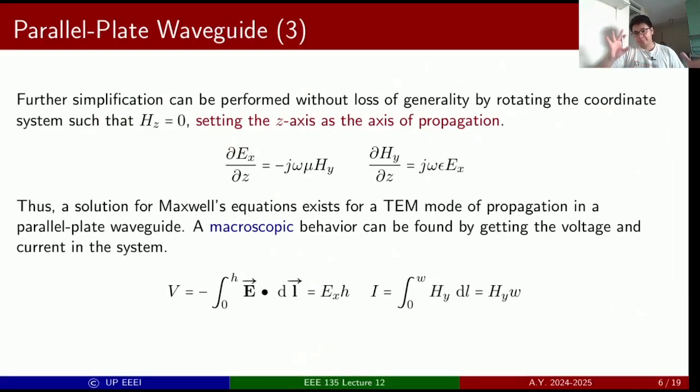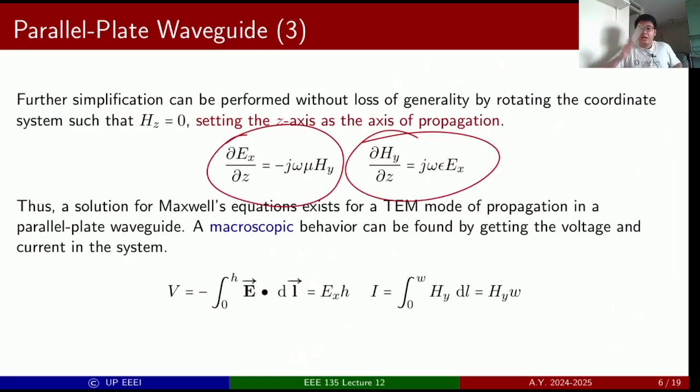Then our Maxwell's equations will simplify into these two simple equations right here. A derivative of your electric field, your x component, a change of it along the z-axis will induce a magnetic field. And as that magnetic field changes because of the change in electric field, this same magnetic field that changes with respect to the z-axis also induces an electric field.